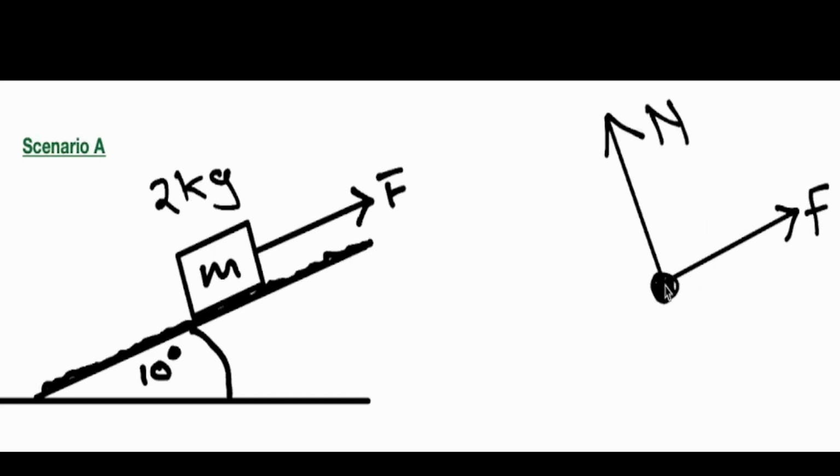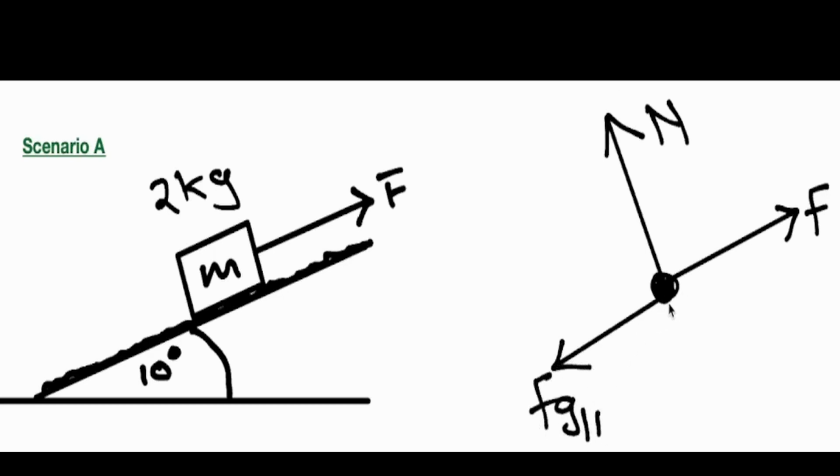Then the weight, I was supposed to be drawing it pointing vertically downwards here. But now because I want to include its components, I'm going to draw the FG parallel, which will point downslope. So this is our FG parallel.